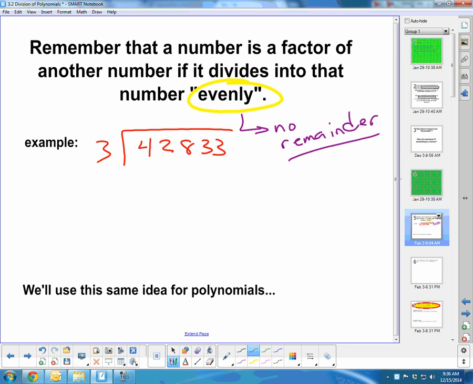Whenever we do numeric long division, our goal is to see how many times the divisor will go into the first digit of the dividend. So we look at the 3, we look at the 4, how many times can 3 go into 4? We know it goes in once. Then we take the 1 times the 3, get a 3, and we subtract. 4 minus 3 is 1.